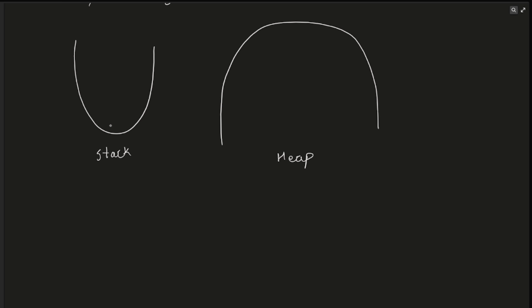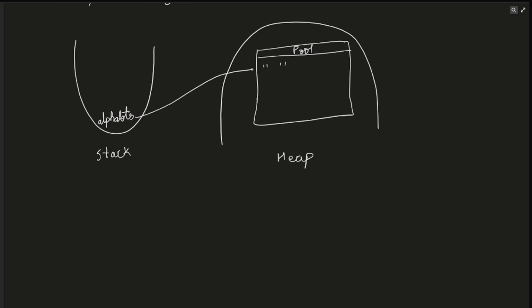Whenever the compiler encounters the first line, where we have declared the alphabets string variable, the alphabets reference variable will go into the stack, and a string pool is also initialized since it is of data type string. It will have an empty string, and the alphabets reference variable will point to the object.